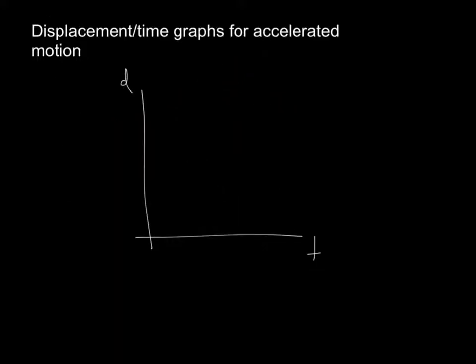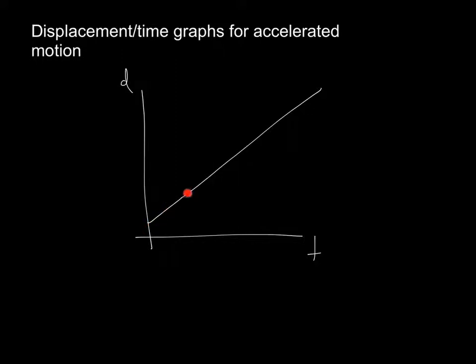One final thing, which is, what if I want not a velocity time graph for my accelerated motion, but a displacement time graph? Now, I'm not going to actually calculate this, I'm just going to give you a very rough way of understanding. So remember that if I had a car that was going at a constant speed, my displacement time graph would be something like this, a straight line. But now what I have is a car that is going faster and faster. So maybe the first second it goes this fast, but then later on it goes even faster.